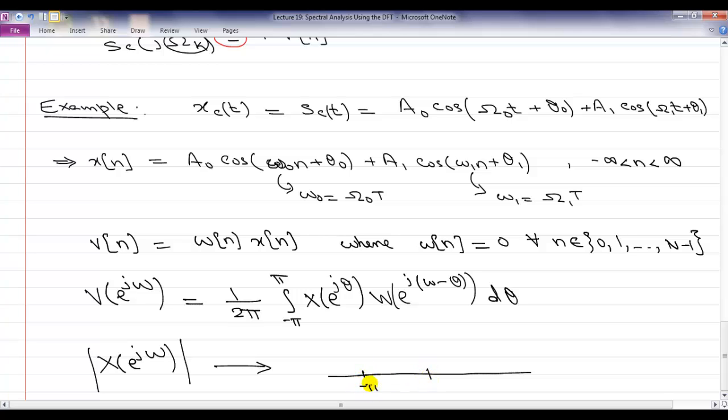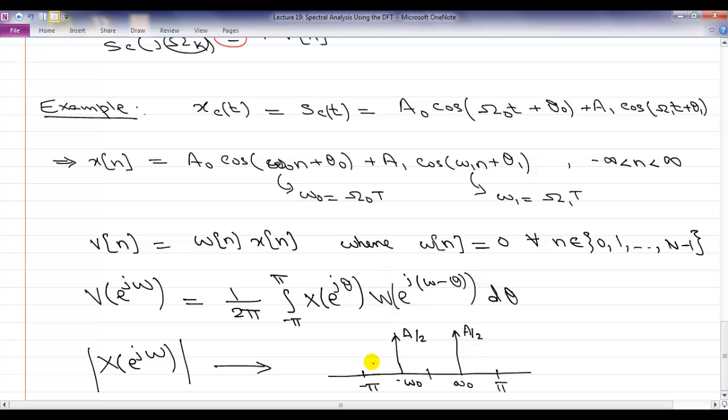Between minus pi and pi, it will have an impulse at little omega naught, and another impulse at minus omega naught, with a height of A0 by 2. Right? So that's just the Fourier transform of a cosine.